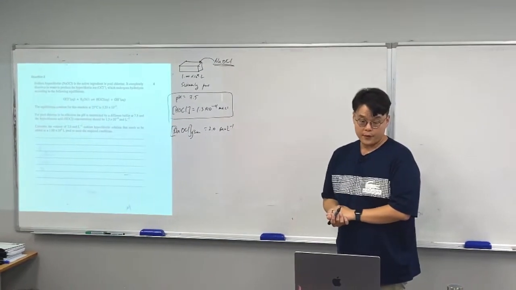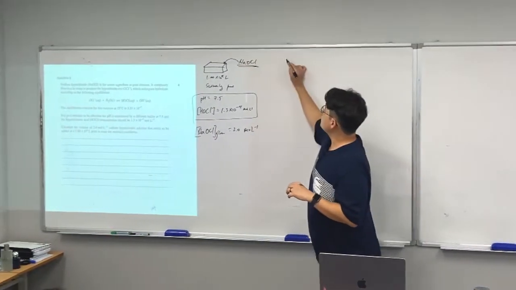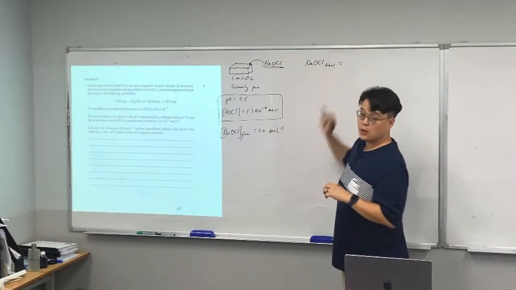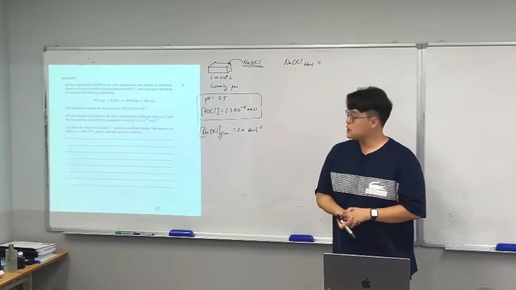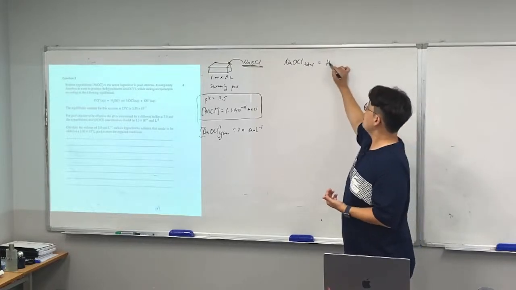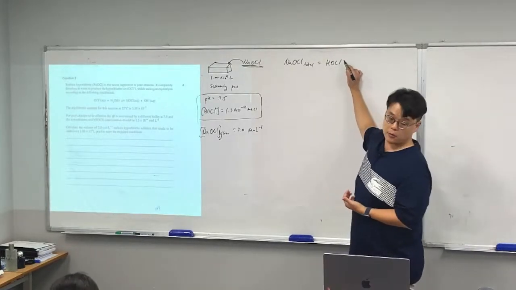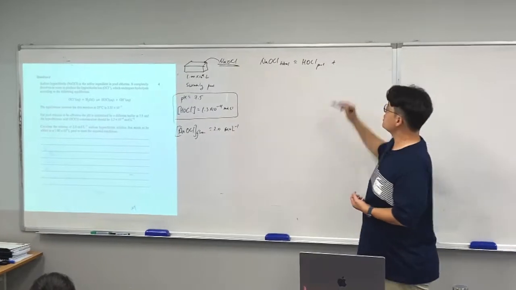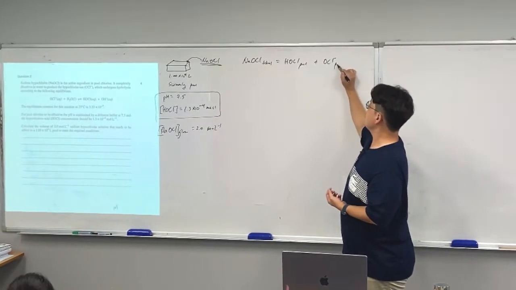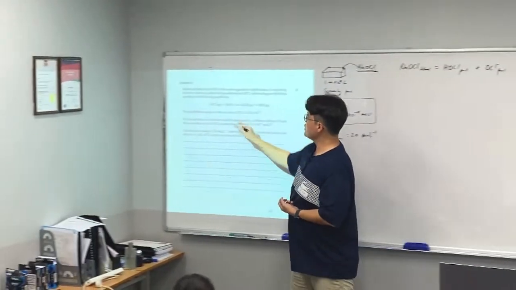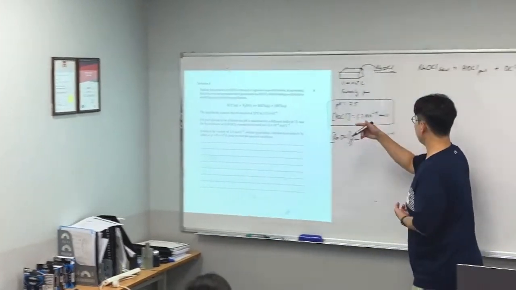Everyone okay? Then think about it here. The total sodium hypochlorite we need to put in is, first, what we use to make the HOCl in the swimming pool, plus the OCl- in the pool as well. Think about what happens as we put in the sodium hypochlorite. We're going to rewrite that over here.